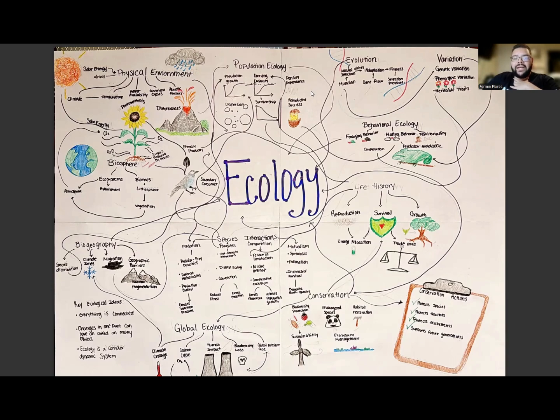In the center lower section, I included species interactions. This section includes predation, parasites, competition, and mutualism. Predation regulates populations and creates selection pressure that drives adaptation and evolution. Parasites reduce host fitness and can lead to coevolution between hosts and parasites.